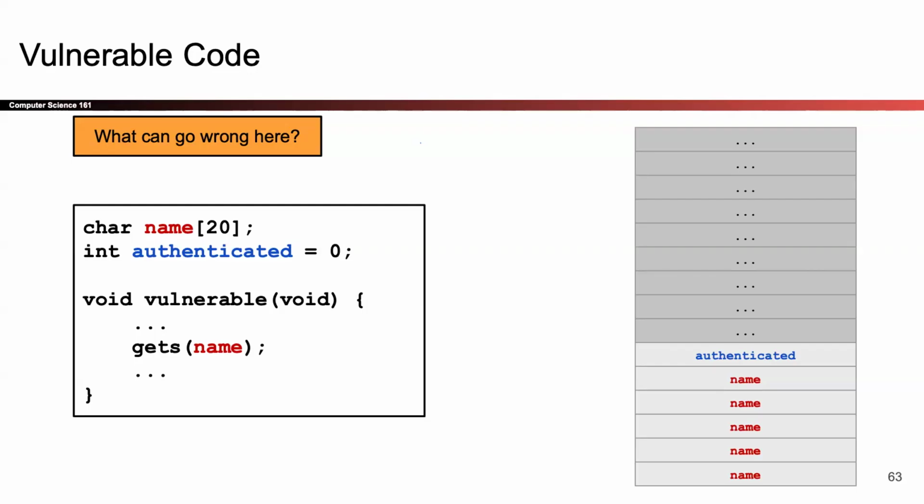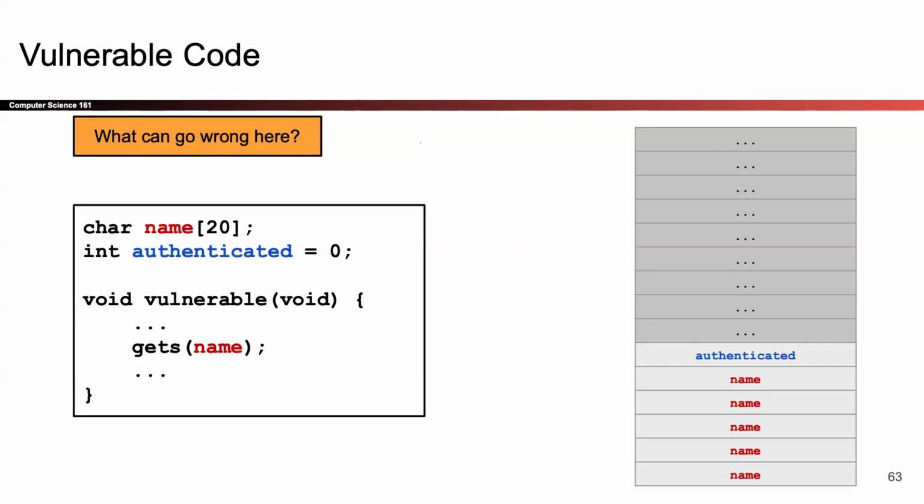And now there might be other logic in the code that is going to treat me as authenticated as an administrator and allow me to have administrator access, even though I shouldn't have had it. So it's not just me getting a free glass of champagne, but I got administrator rights on that program or that machine, if the rest of the code is using that authenticated variable for access control.